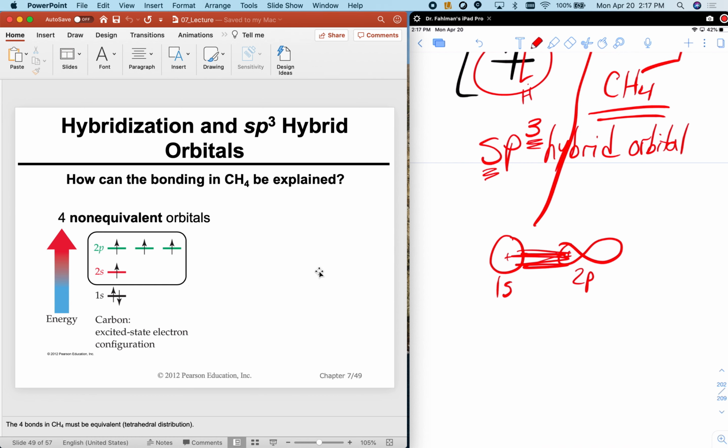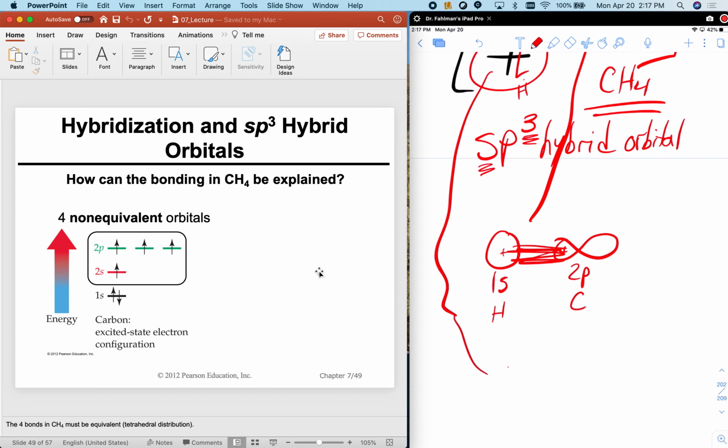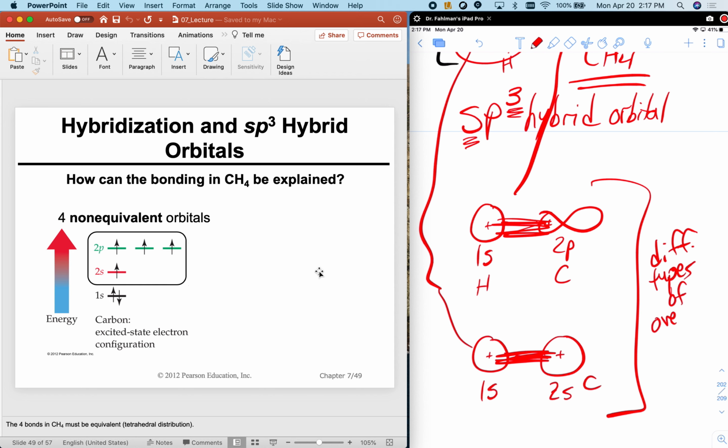You'd have a certain bonding there, but then this one would look different, right? In that case, you would be overlapping a 1s of hydrogen with the 2s of carbon. These would give rise to different types of overlap. And so, in other words, your bonds would not be equivalent.